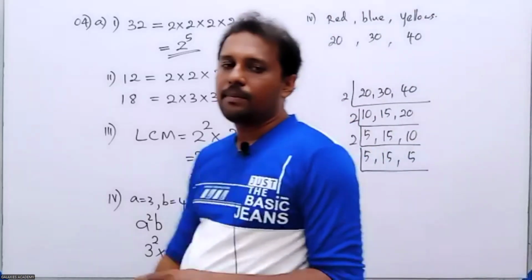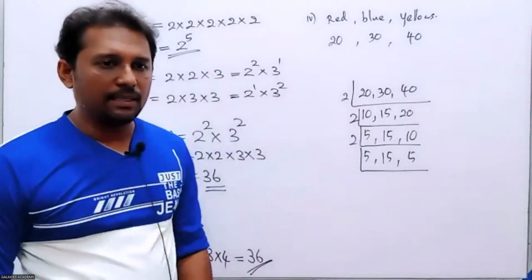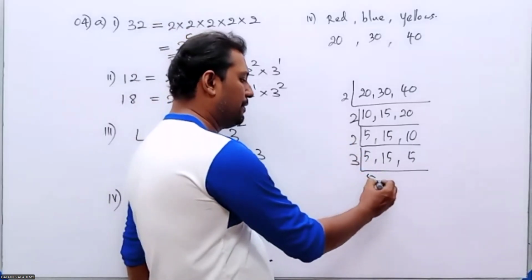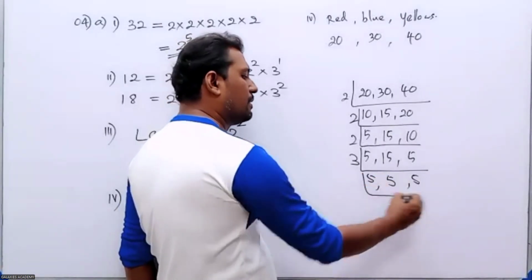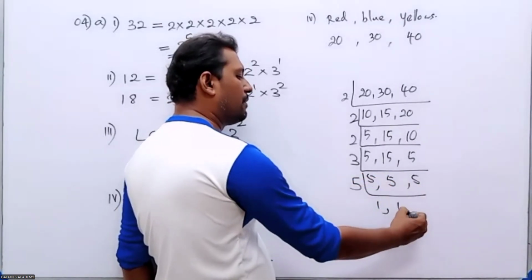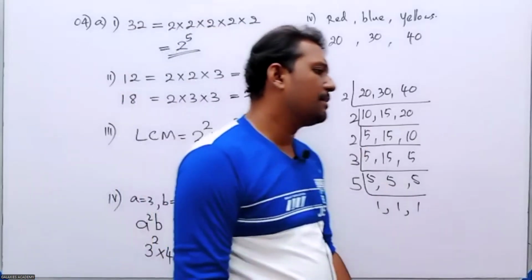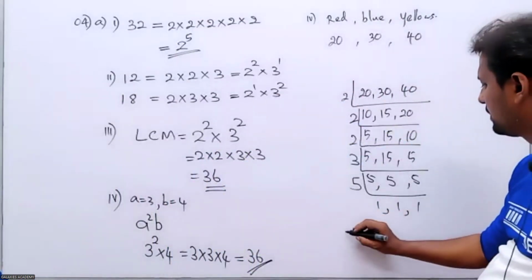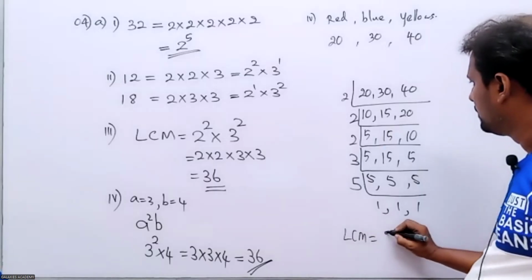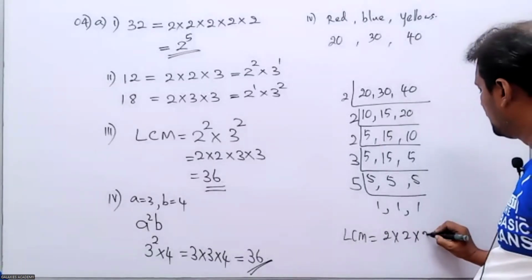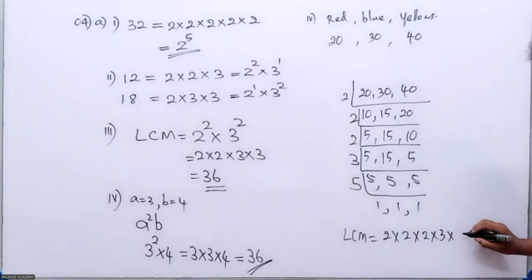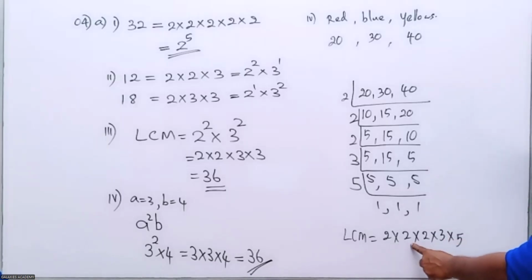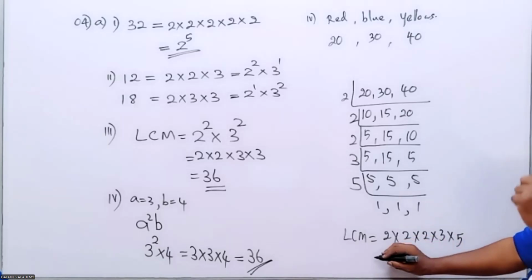Now I can divide by 3, because 15 is divisible by 3. 5 is not divisible. 15 divided by 3 is 5. Then divide by 5: 1, 1, 1. So what is the LCM of these three numbers? 2 times 2 times 2 times 3 times 5. 2 times 2 is 4, 4 times 2 is 8, 8 times 3 is 24, 24 times 5 is 120.